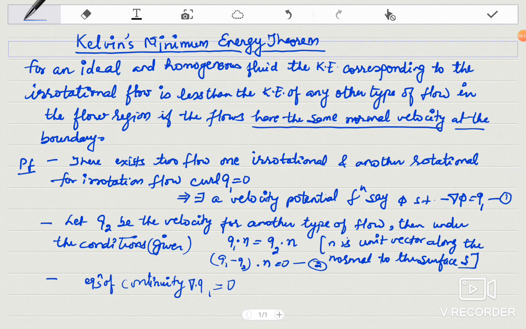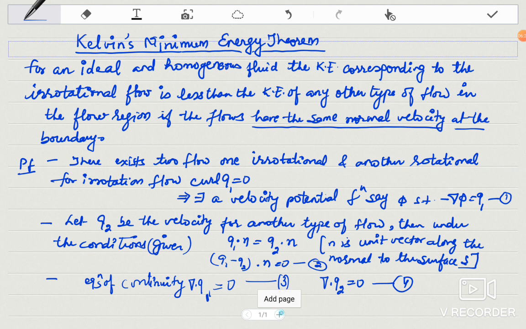This is 3, and delta dot q2 is 0, which is 4.